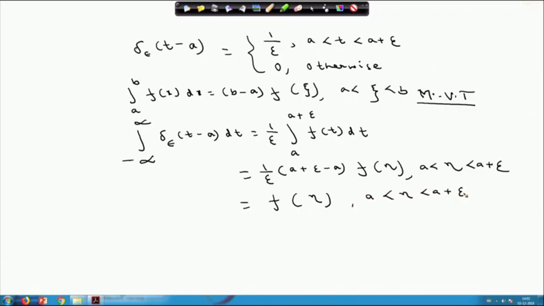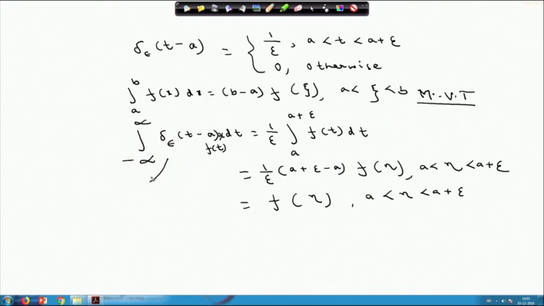I am sorry, I have missed one thing, that is here into f t will come, because otherwise f t will not come here. In other words, in the Dirac delta function, first you multiply on both sides of the given equation by f t and then integrate from minus infinity to infinity.